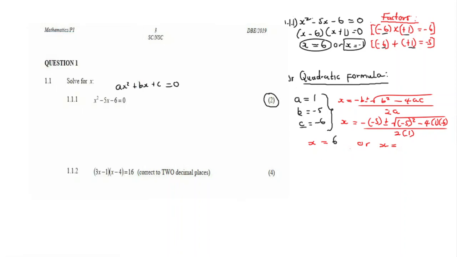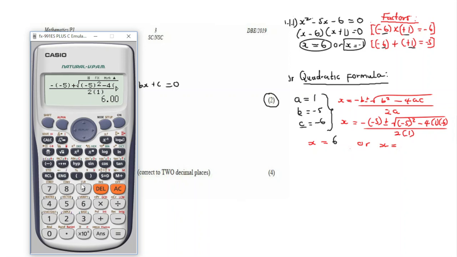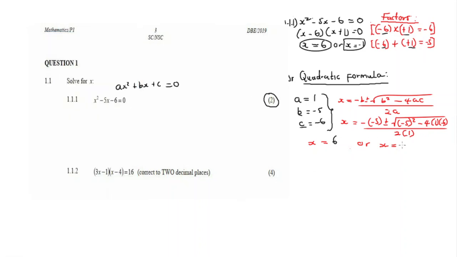Then let's put the negative before the square root because it's plus or minus, so the other answer is -1. So these are the roots for our first equation.